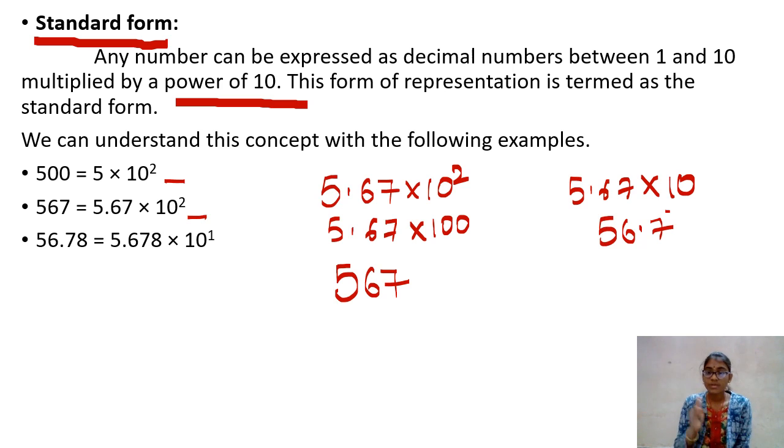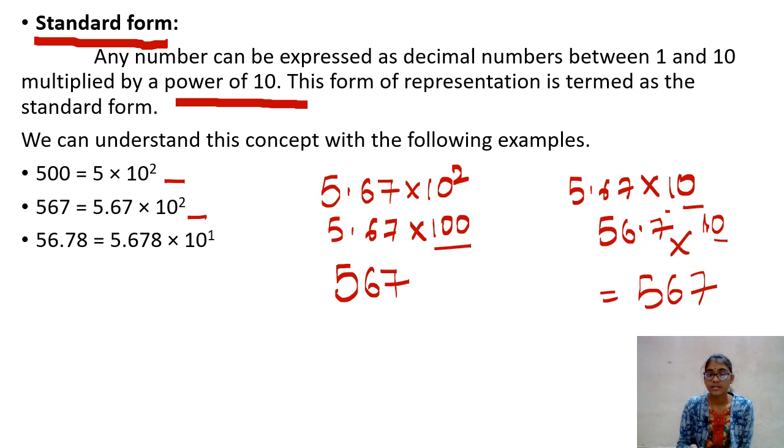The point moves afterwards when you multiply. If you again multiply this number with 10, then it will become 567. So entirely you are multiplying 2 tens, which means 100. So it is becoming 567.